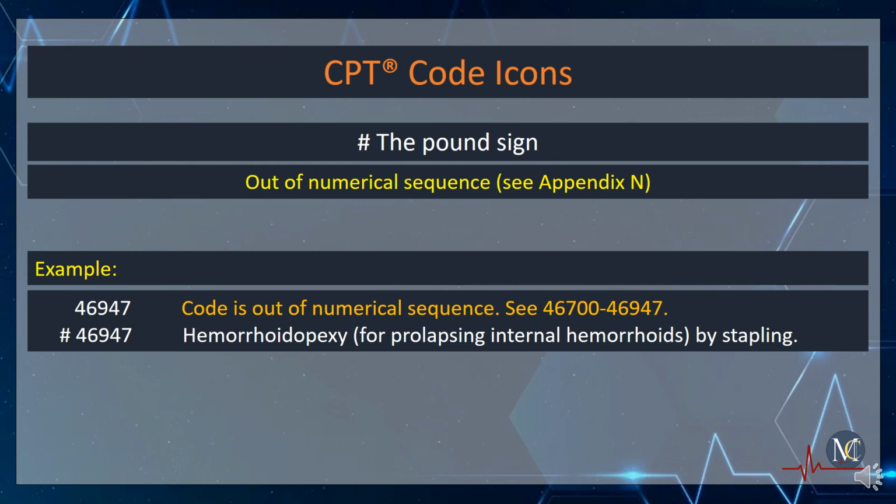It means to find code 46947, we have to look at the numerical sequence from 46700 to 46947. In this series, we will find code 46947 with the pound sign. It means the code is out of its numerical sequence.